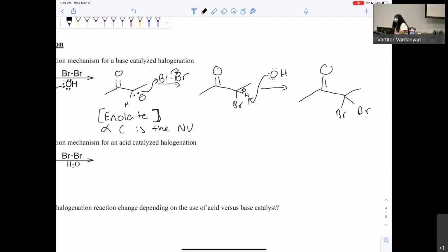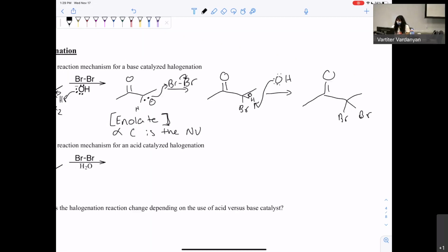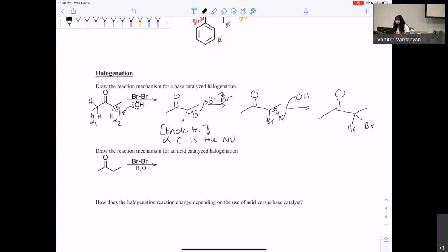So we end up substituting both hydrogens for bromines. Yes. So great question. If you have an acid or you have no catalyst, the reaction only happens one time.